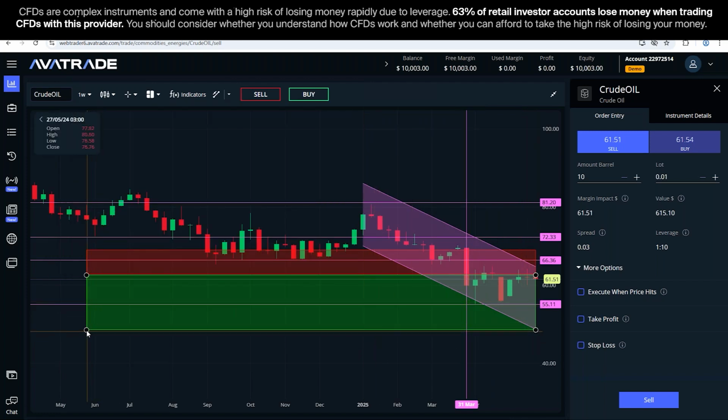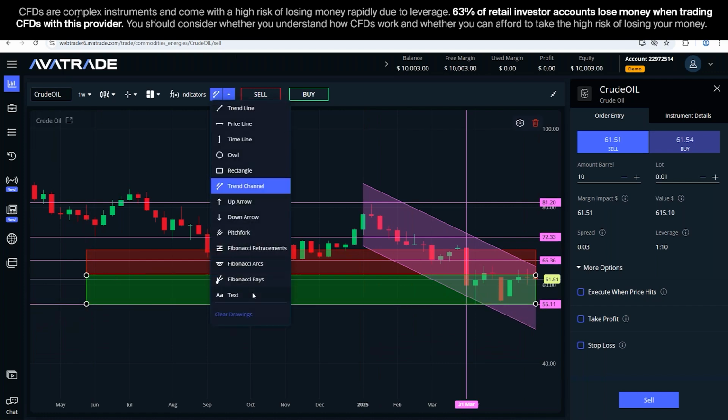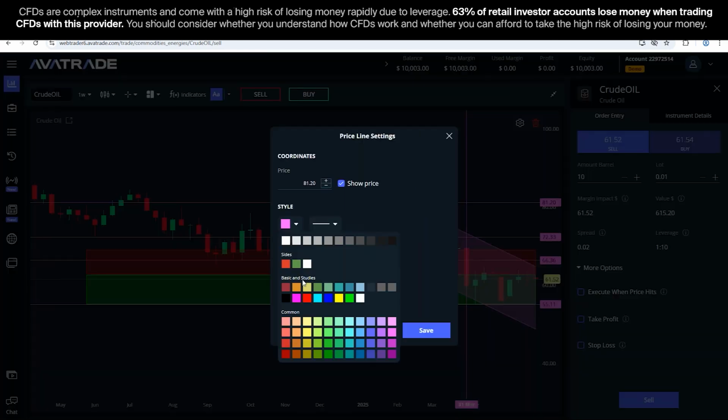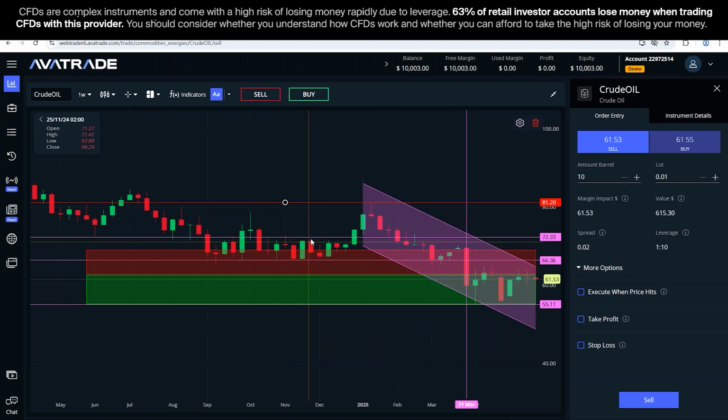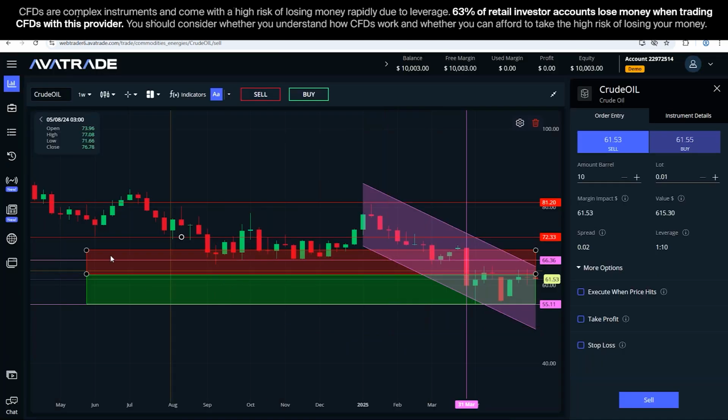Okay, so this line over here will be our support, and the line at the top will be the resistance. So we've got this one will be resistance, this one is resistance, and the other ones are support.